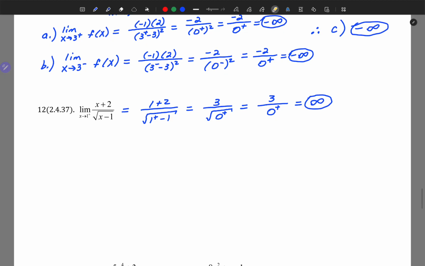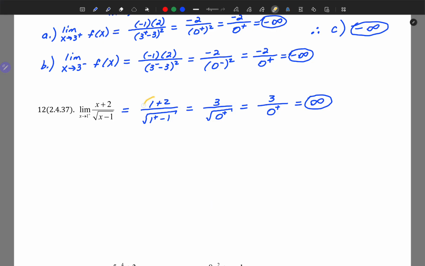Now for number 12, we have the limit as x approaches 1 from the right of x plus 2 over the square root of x minus 1. Very similar to the last question. Anywhere where you can plug in for the one-sided limit, you should. What I mean by that is, if it's not causing the problem to be undefined, please just plug in a 1.